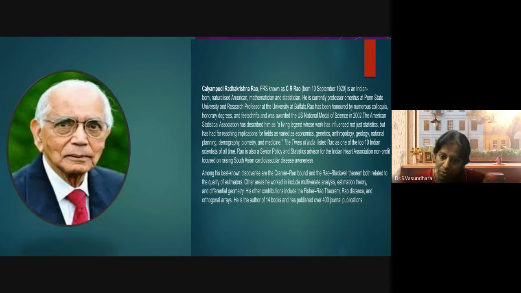His contributions include the Fisher-Rao theorem, Rao distance, and orthogonal arrays. He is the author of 14 books and has published over 400 journal papers. He is a living legend of mathematics and statistics. He had many contributions to mathematics.